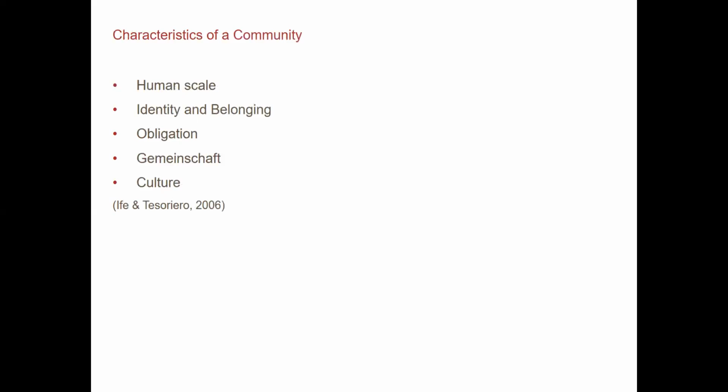And Gemeinschaft is found in small social structures such as the family. If we look back historically, it was in tribes or villages where human relationships are prized, and the welfare of the whole has precedence over the individual. So there's a real feeling of togetherness under this concept of Gemeinschaft.